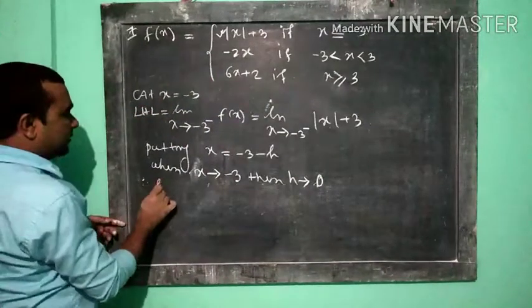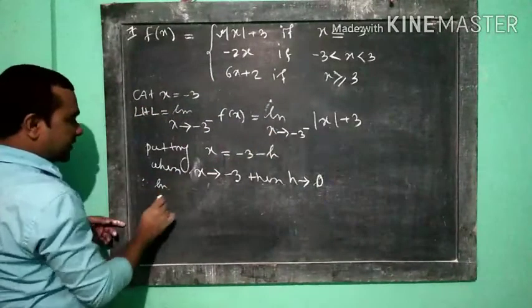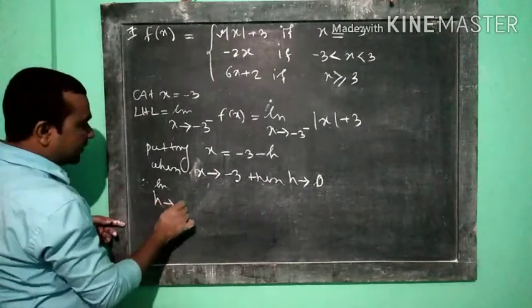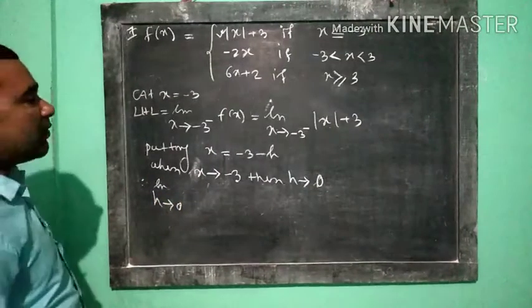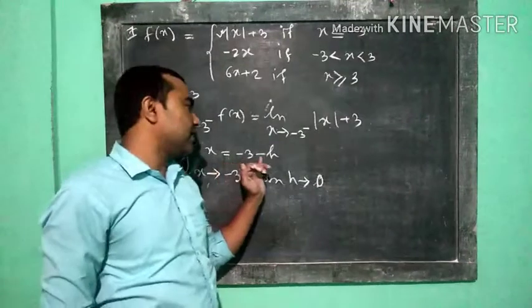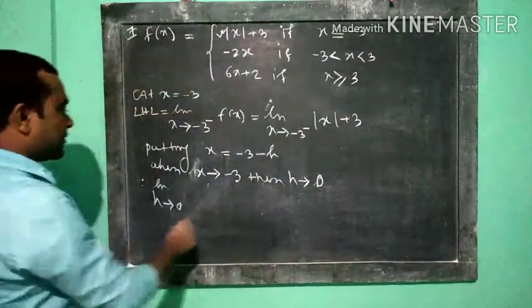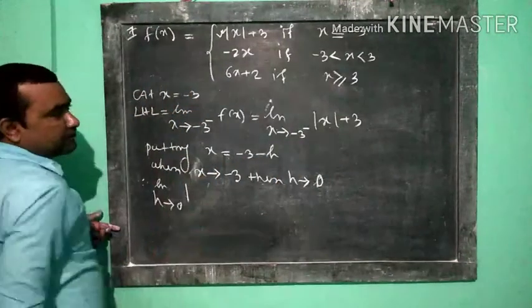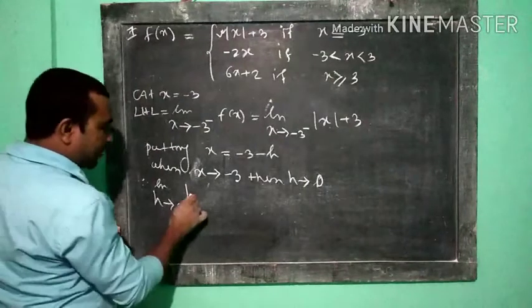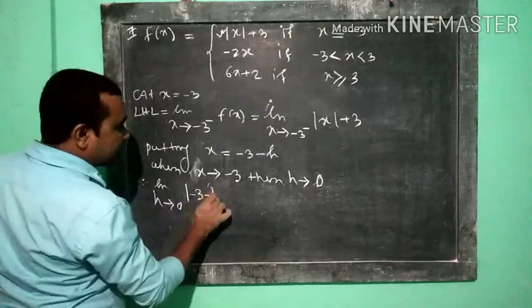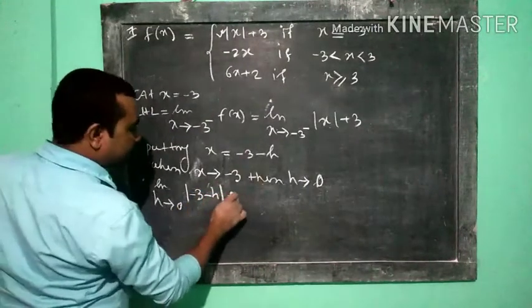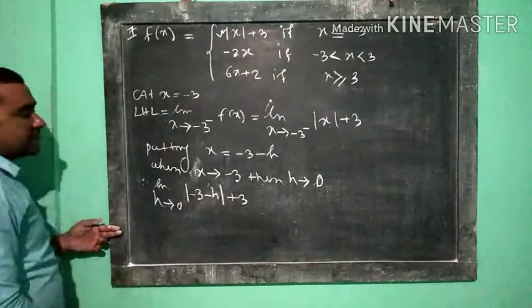Therefore we write the limit as h tends to 0, where x is replaced by minus 3 minus h, in modulus of minus 3 minus h plus 3.